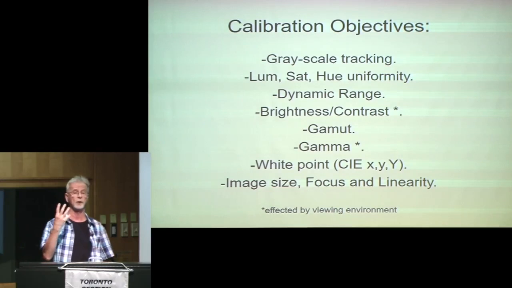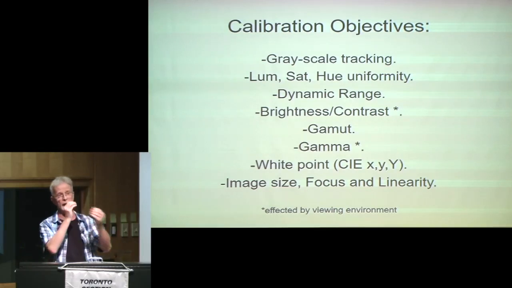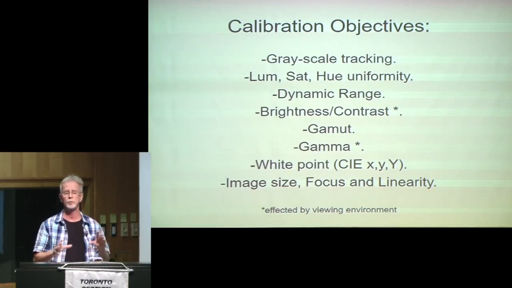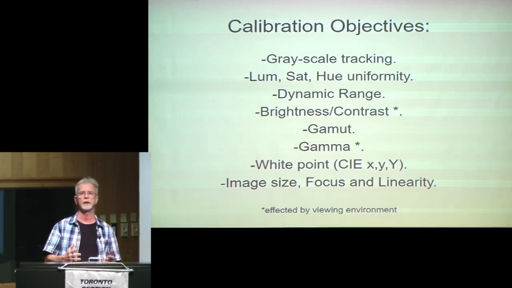And again, that's because of our eyes. Our iris closes down and the blacks will crush out. So he may want to bring that up. And that's actually okay within reason. A half-decent display will track and it's not going to go wonky. But the viewing environment, as I stressed again, is a very, very important factor in a successful calibration. You can't actually allow that to affect your calibration itself.